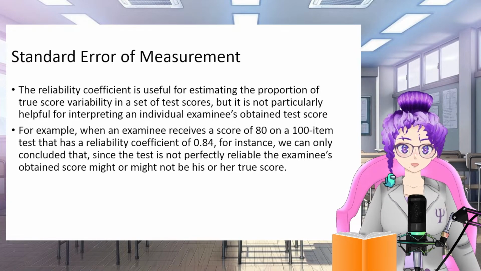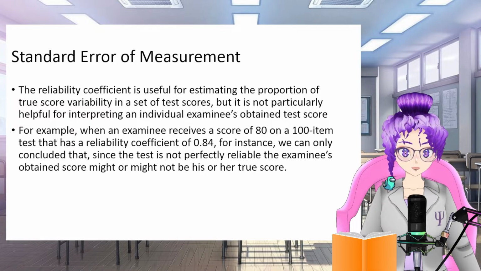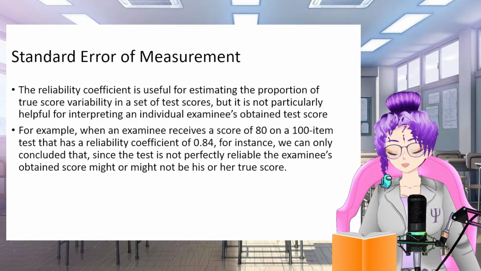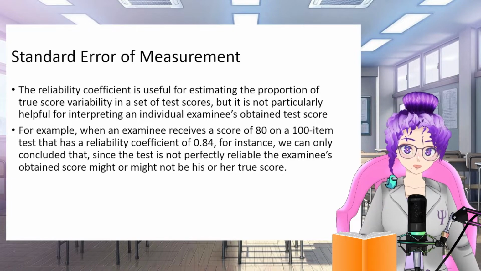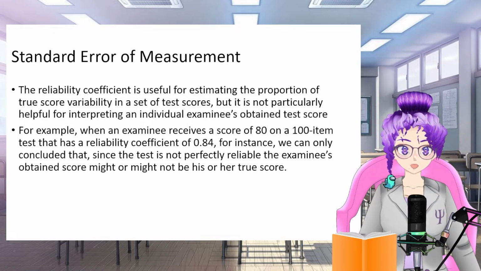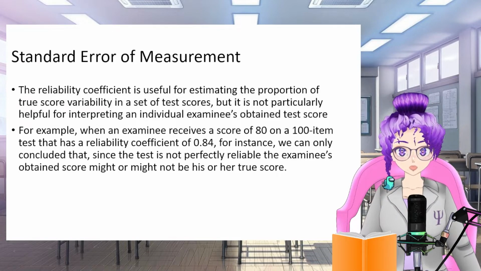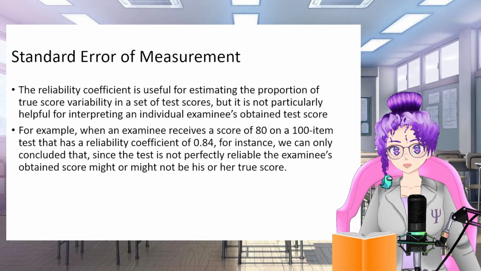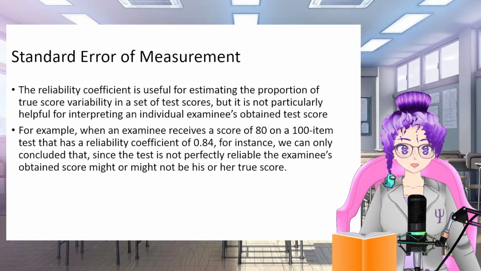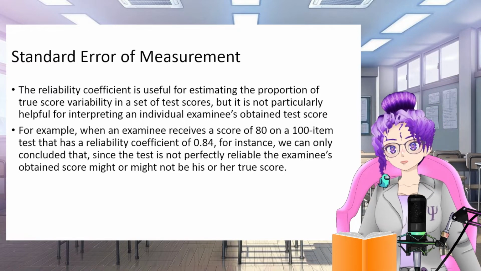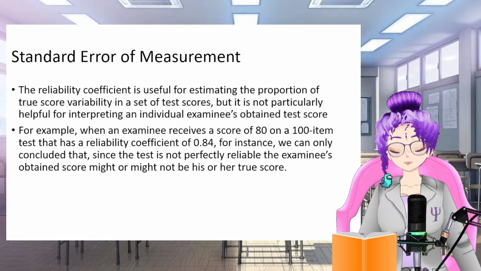The reliability coefficient is useful if we have a lot of participants or test takers from whom we can get data. Okay? It helps us determine how reliable the measurement is, using those reliability coefficient methods that I mentioned. But we cannot rely on the traditional reliability coefficient methods if we want to evaluate the test taker's true score.